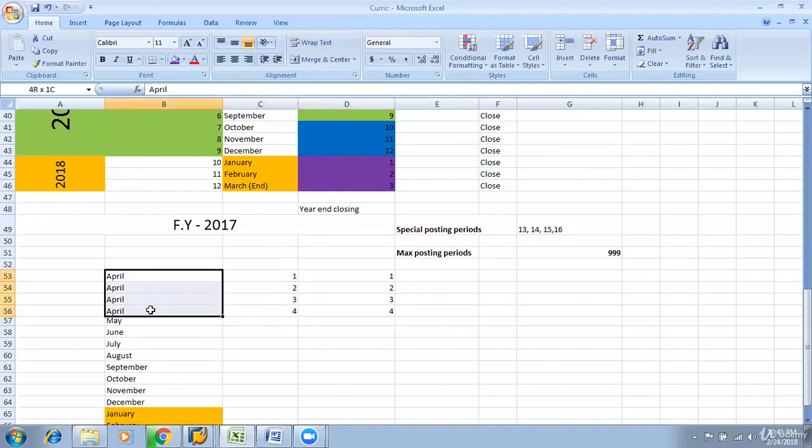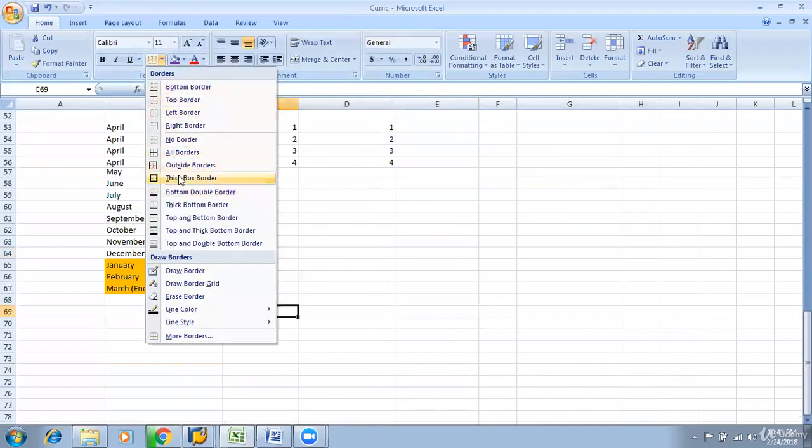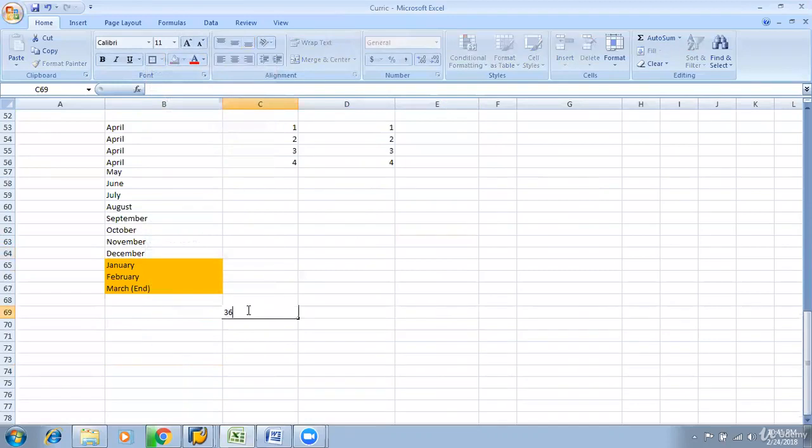So April having 30 days, 1 day is equal to each period. So the total number of periods for April is 30, and so on for each of the months. So how many total posting periods do you think we will be seeing? You will be seeing a total of 365 posting periods. 365 days is equal to 365 posting periods.